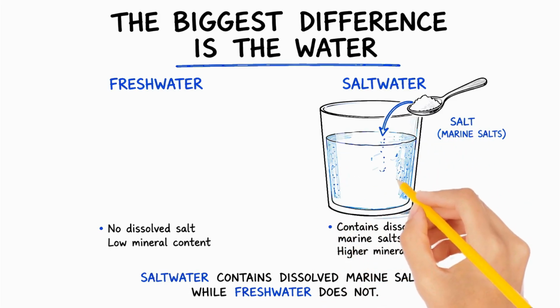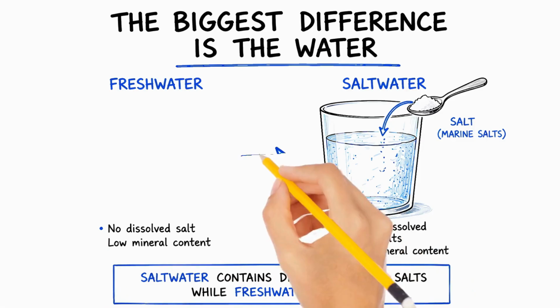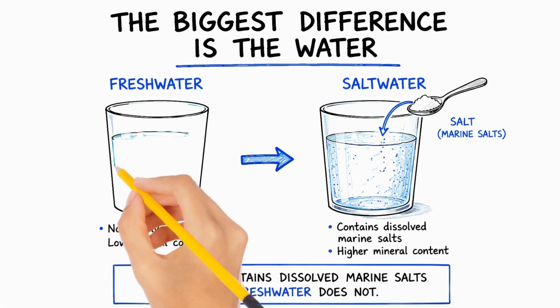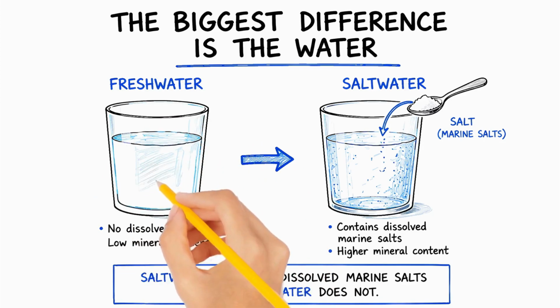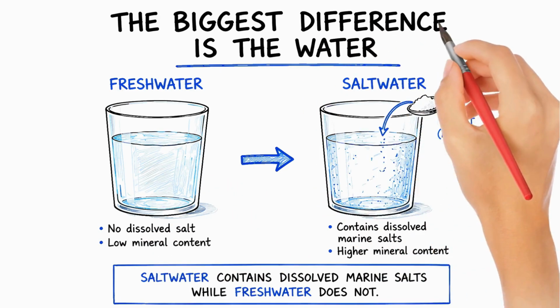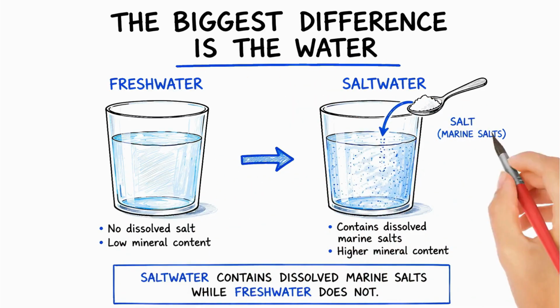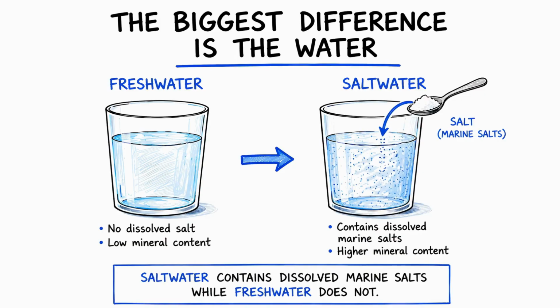These dissolved salts change the entire environment inside the tank. Fish, plants, corals, and other animals have adapted to live in one type of water or the other. That's why a freshwater fish cannot simply be placed in a saltwater tank, and a saltwater fish cannot live in freshwater. Everything starts with the water, and that difference influences almost every aspect of the aquarium.